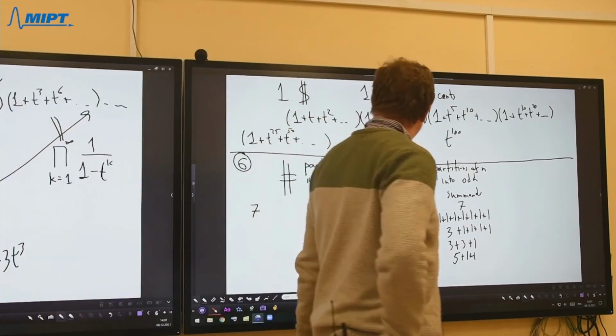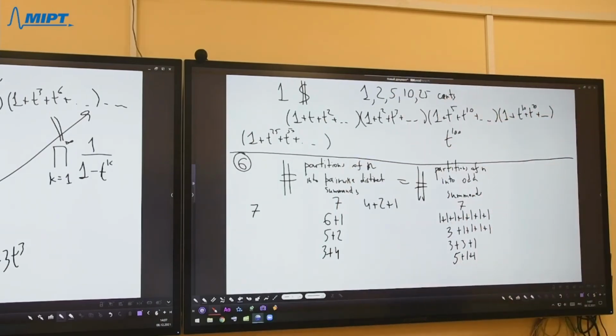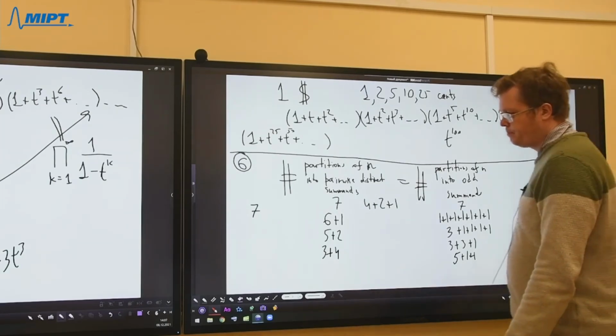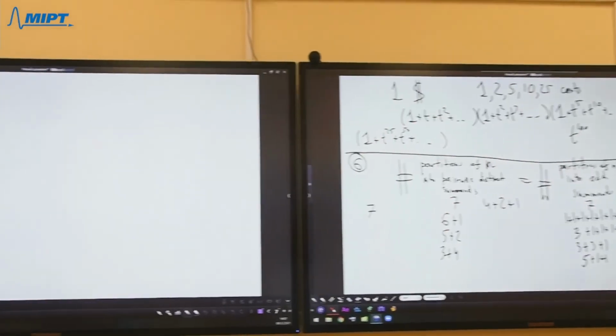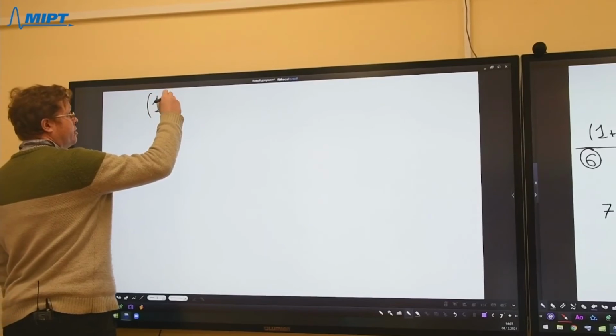So let's look at the whole generation function.